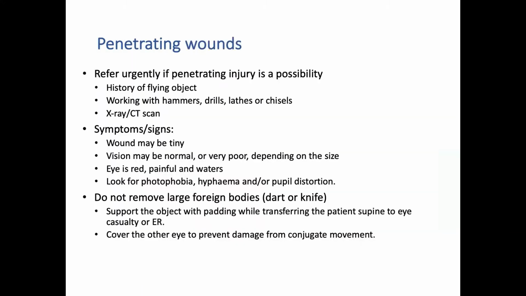Of course, if they're penetrating wounds, you've got to refer these urgently. Usually it's a high-flying object, or people using grinders or hammers or drills. Just bear in mind, the wound might actually be quite tiny and vision might actually be normal. Sometimes the examination doesn't show it.